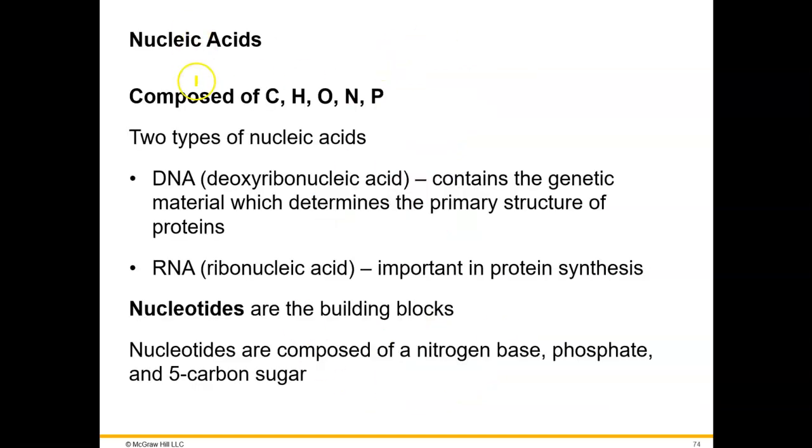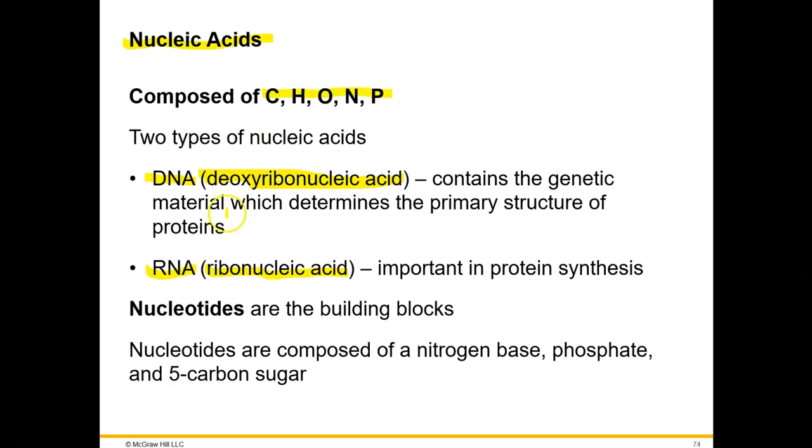Now, our last set is going to be, we're going to talk about the nucleic acids, which are DNA and RNA. There are two types of nucleic acids. There's deoxyribonucleic acid, and there is ribonucleic acid. All nucleic acids are composed of carbon, hydrogen, oxygen, nitrogen, and phosphorus.